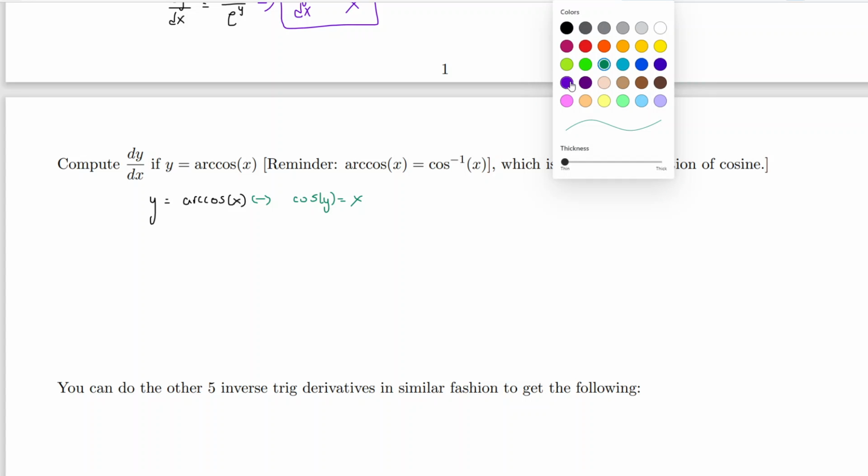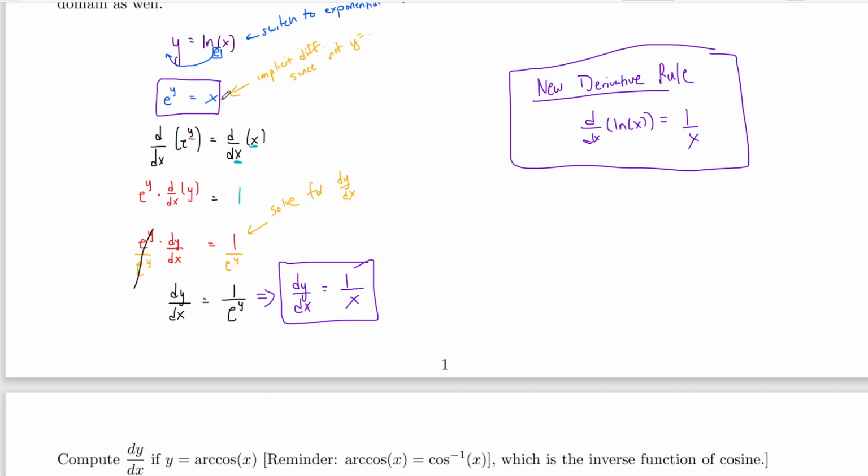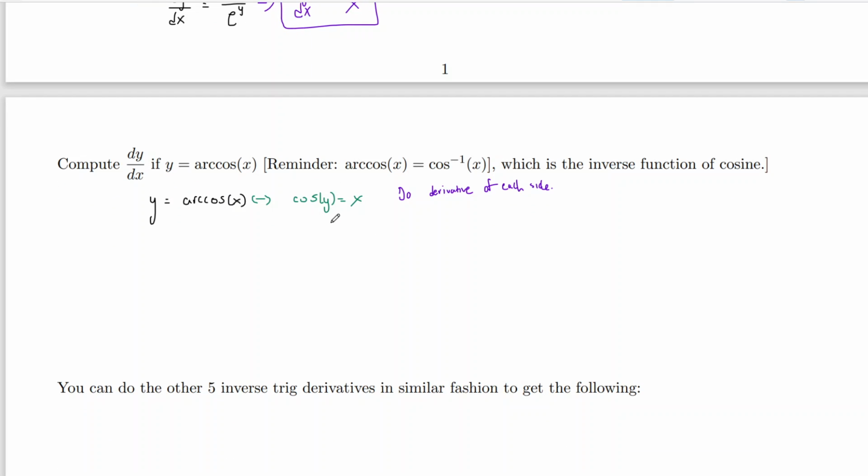But once you're here, this is sort of like after we switched to exponential form last time. Now we want to do the derivative of each side. All right, do implicit differentiation. Because we don't have y by itself anymore, but we know how to do the derivatives of cosine function and just x.